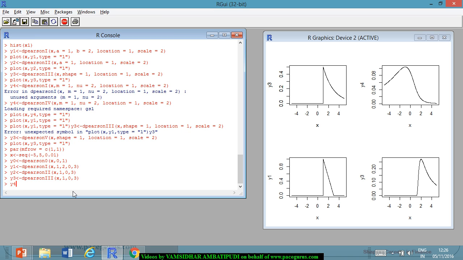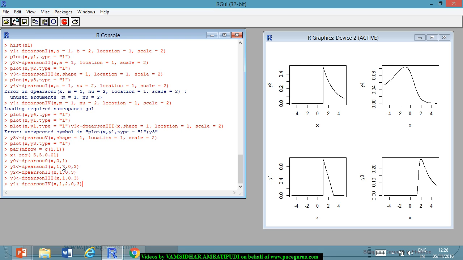Right, and y4 let me do the same. Y4 is a special distribution which is more similar to y1 itself. I can take y4 as dpearson4, which requires 4 parameters here. So I'll take them as x comma 1, 2, 0, 3.